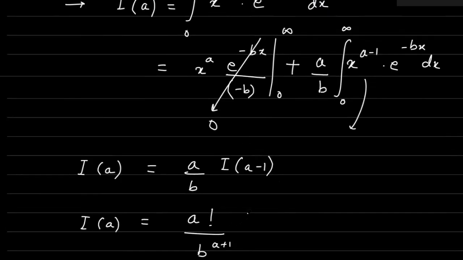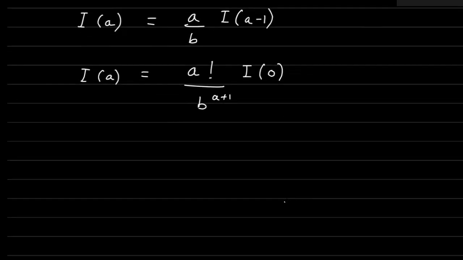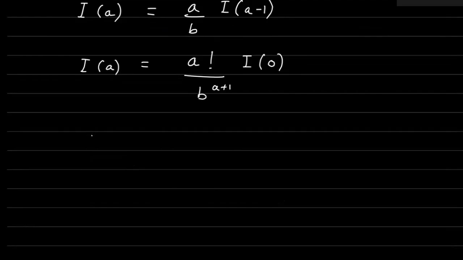It will become this into I of 0. Okay. Now substitute. Now what you are getting is the integration from 0 to infinity of e to the power minus bx into x to the power floor y dx.